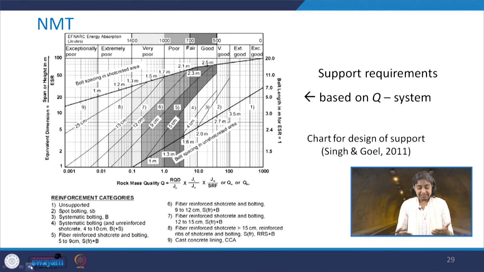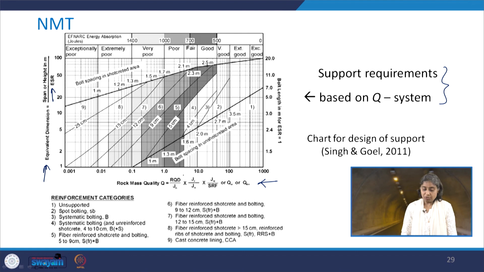As I mentioned, I will come back to this figure again. So, here it is, the support requirements, which is based on the Q system. I have already explained this to you. On the x axis you have Q, on the y axis you have the equivalent dimension, which can be determined if you know the type of excavation and the size of the excavation.